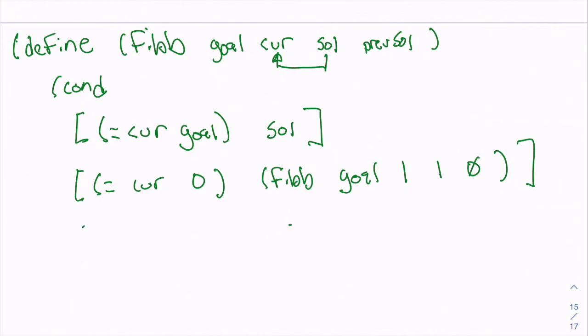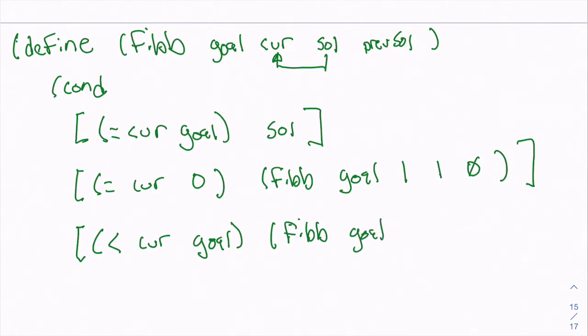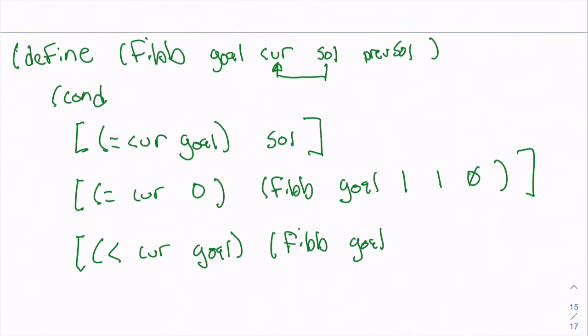All right, so let's look at the recursive case. So if current is less than goal, then we're going to call Fibonacci with goal, and the solution we're going to then add 1 to current, and then we're going to say, look, in order to get this to work, the solution to 1 plus current is just taking the current solution and adding it to the previous solution.